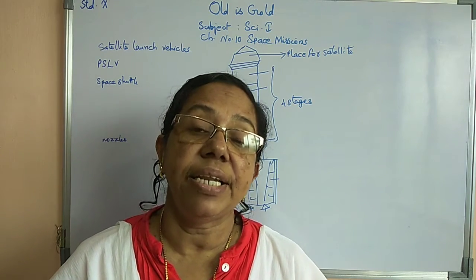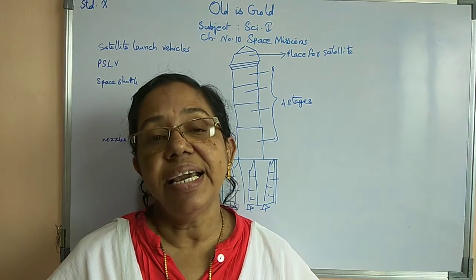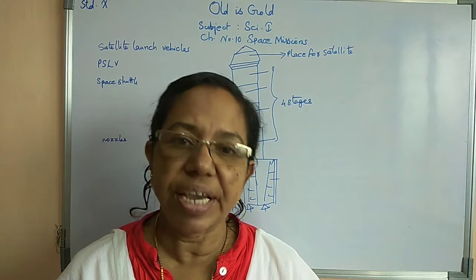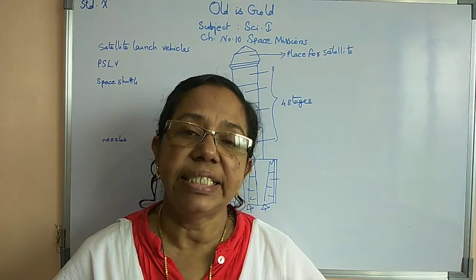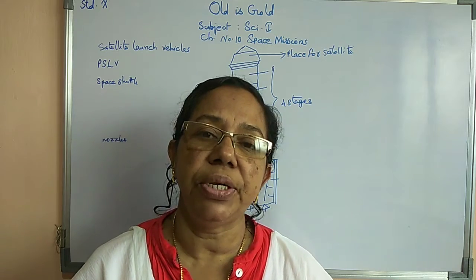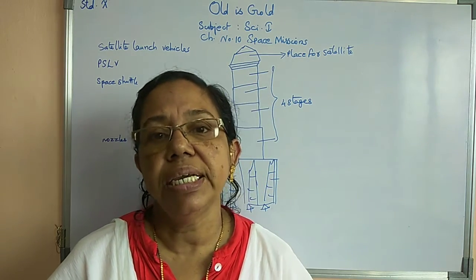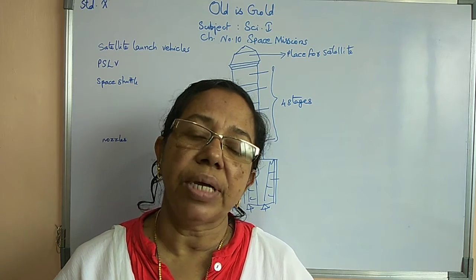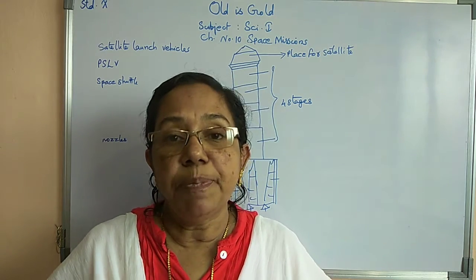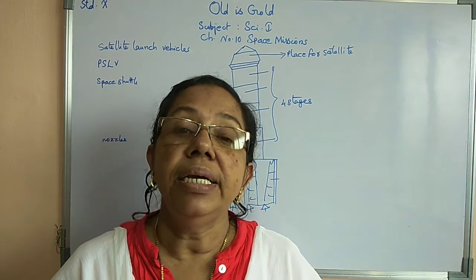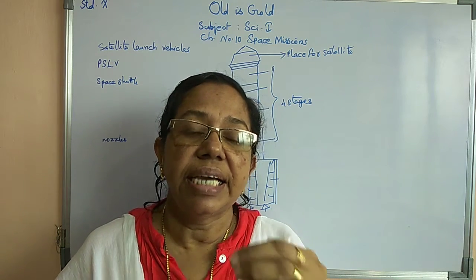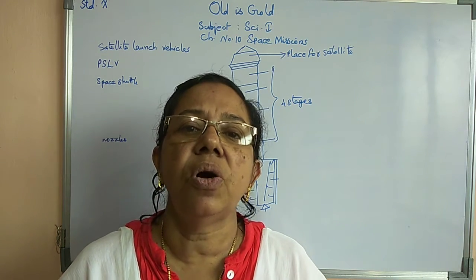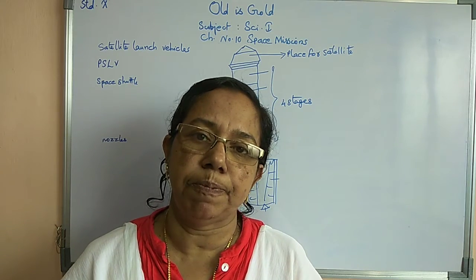What are satellite launch vehicles? Satellite launch vehicles are vehicles which carry satellites to the respective orbits of the Earth. Now, we already studied about Earth's orbits. At present, we can say more than thousands of satellites are already fixed in Earth's different orbits.